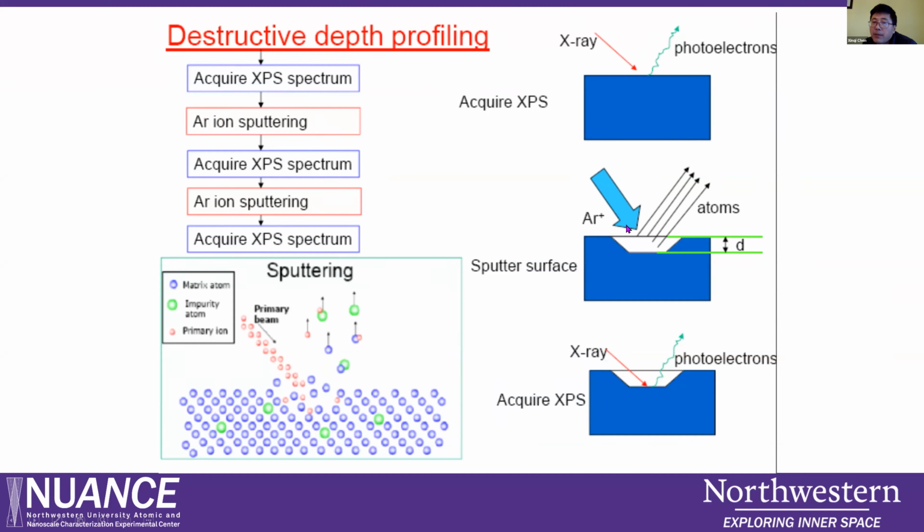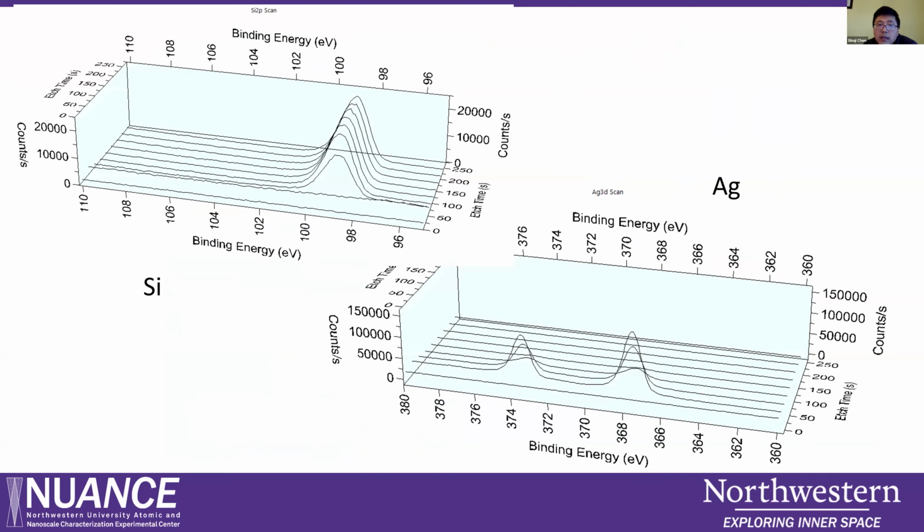You can set up how long the etching takes. During the etching there is no analysis, then you make a new surface and analyze this new surface, then you etch again and analyze again. Analysis, etching, alternating with every new surface, so you get many cycles and then you can get the whole depth profile.